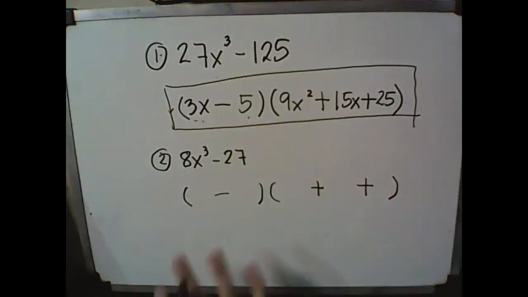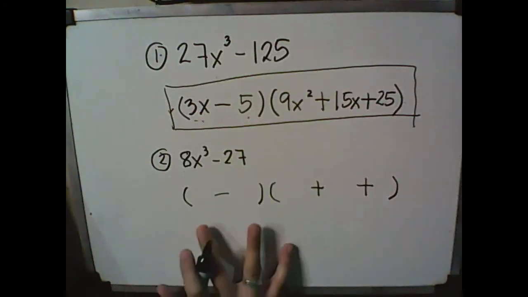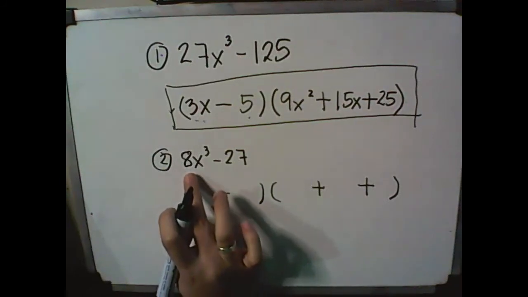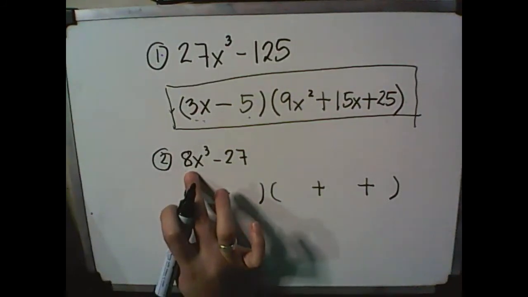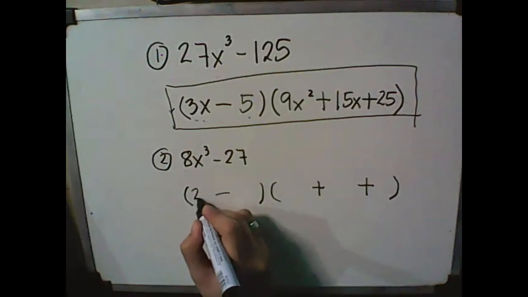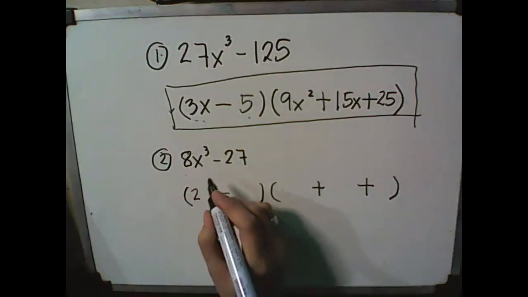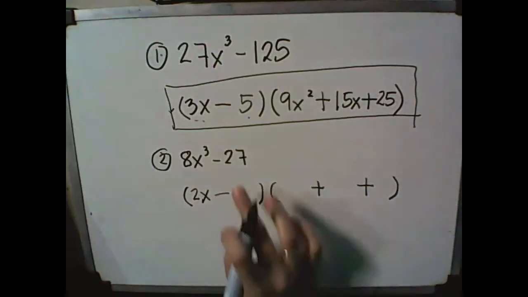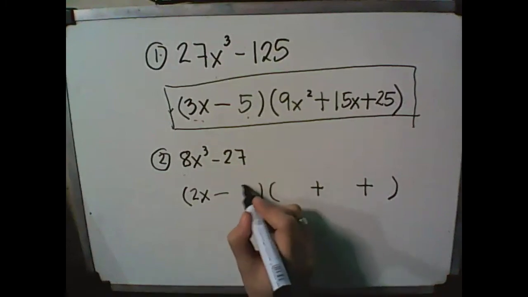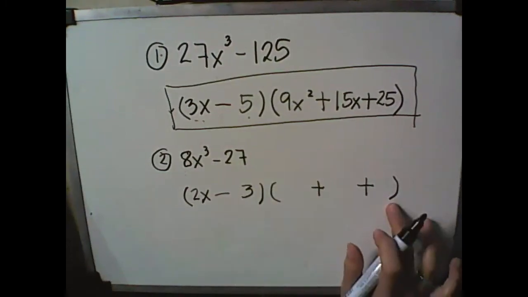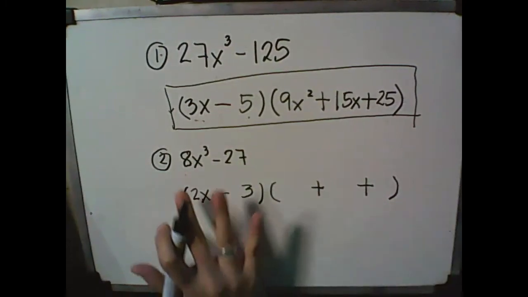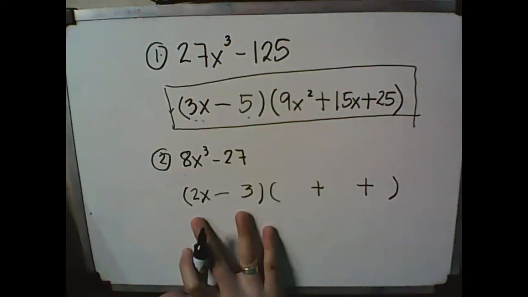Okay? So, factor na natin siya. First is get the cube root of the first term, 2. Get the cube root of its variable, x. Get the cube root of 27, 3. So, when it comes to trinomial, dito tayo magbe-base kay binomial.